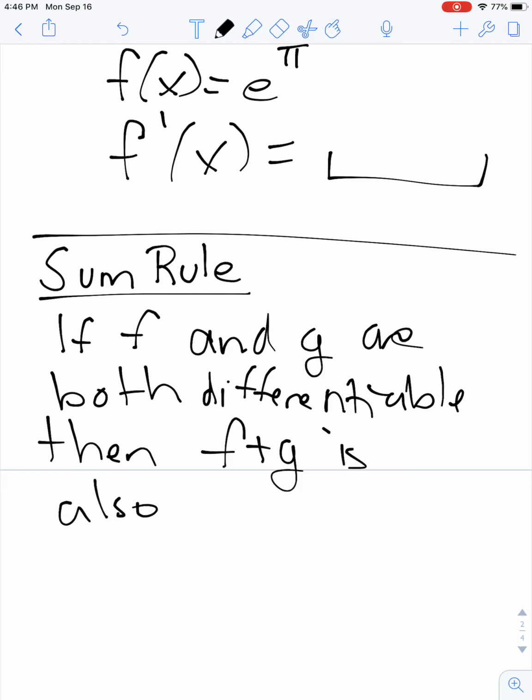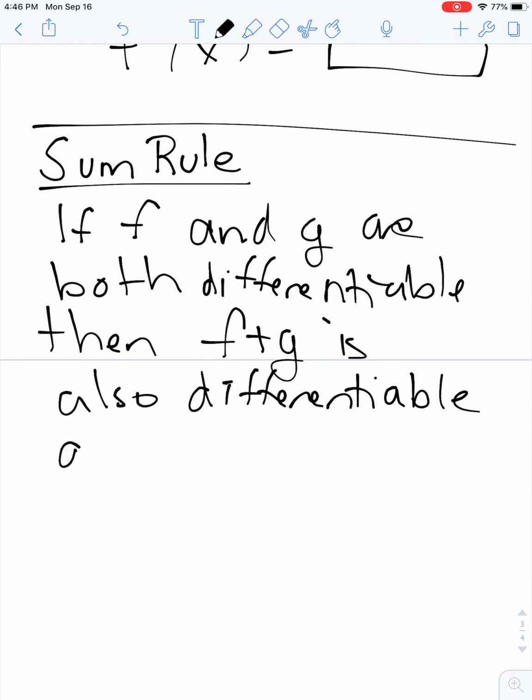And maybe you have a minus there if you're using the difference rule. And furthermore, how do we find it? Well, we just look at each part separately.